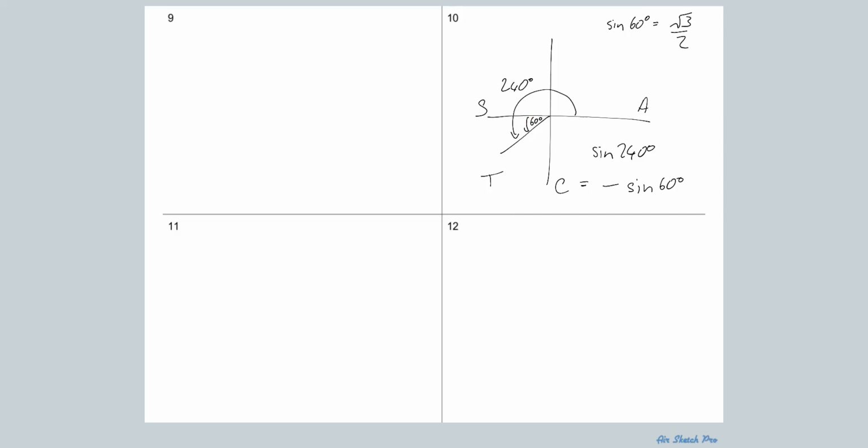In other words, it's the same coordinate as the sine of 60, but because it's down here, the y value is negative. Same value, but negative. So the sine of 240 degrees is equal to negative root 3 on 2.